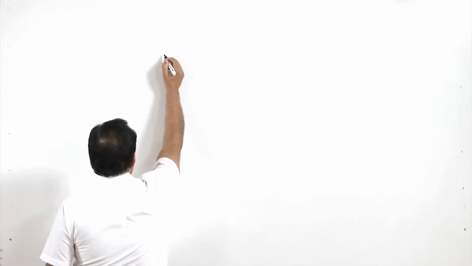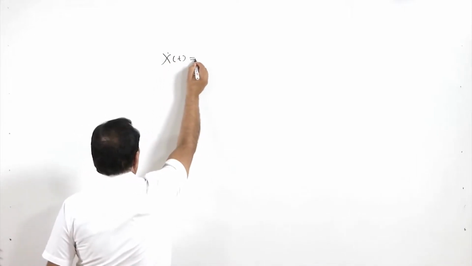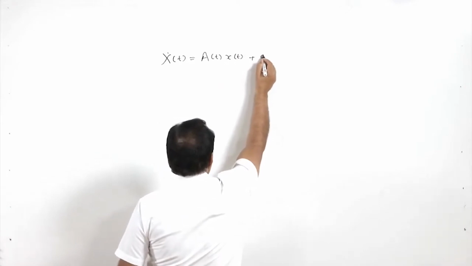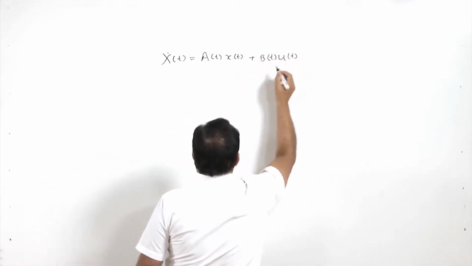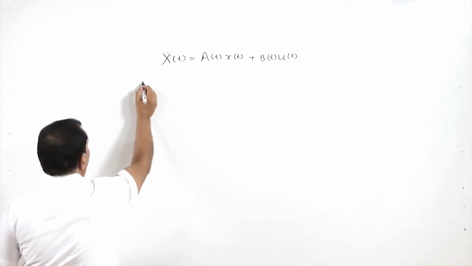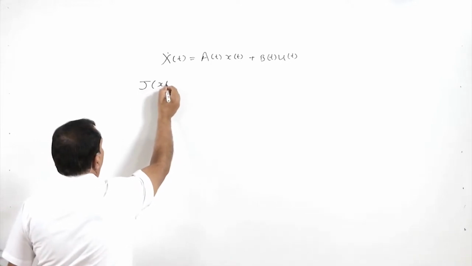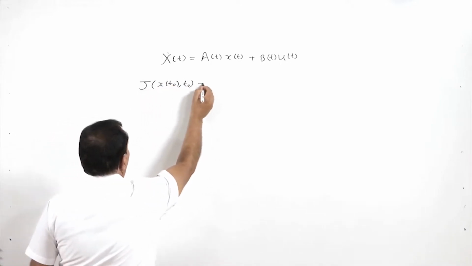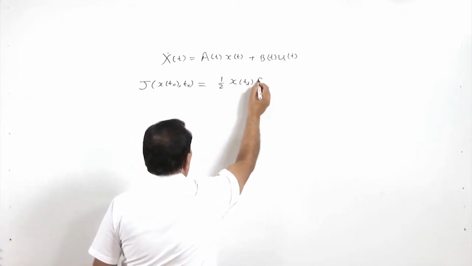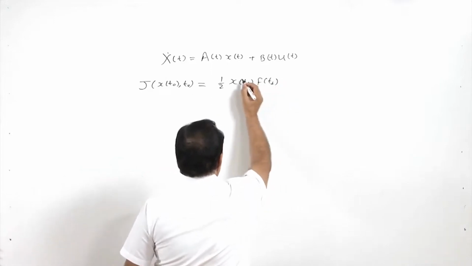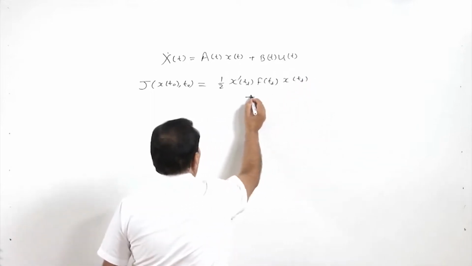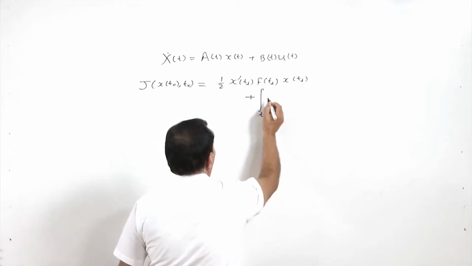My problem here is I have a system x dot t as A(t) x(t) plus B(t) u(t), and I have to find the optimal u which will minimize my performance index, which we define as half of x prime(tf) F(tf) x(tf) plus the integral from t0 to tf.